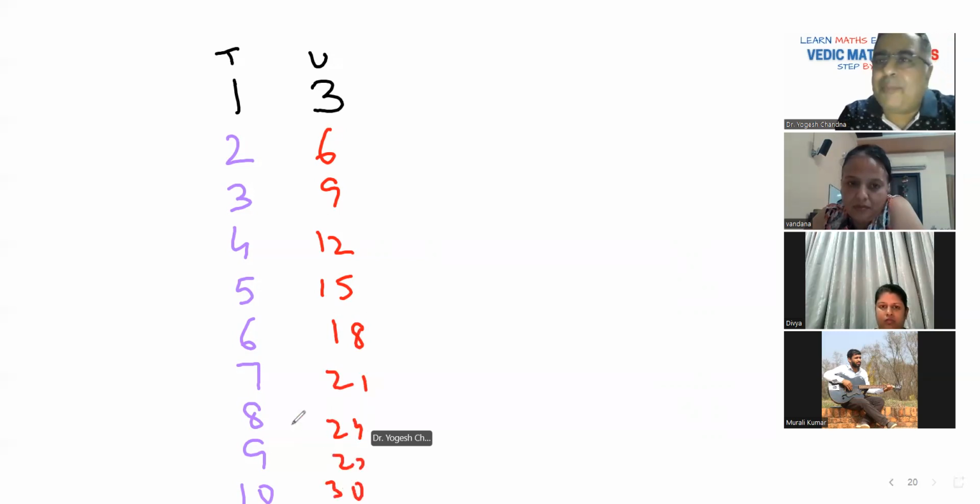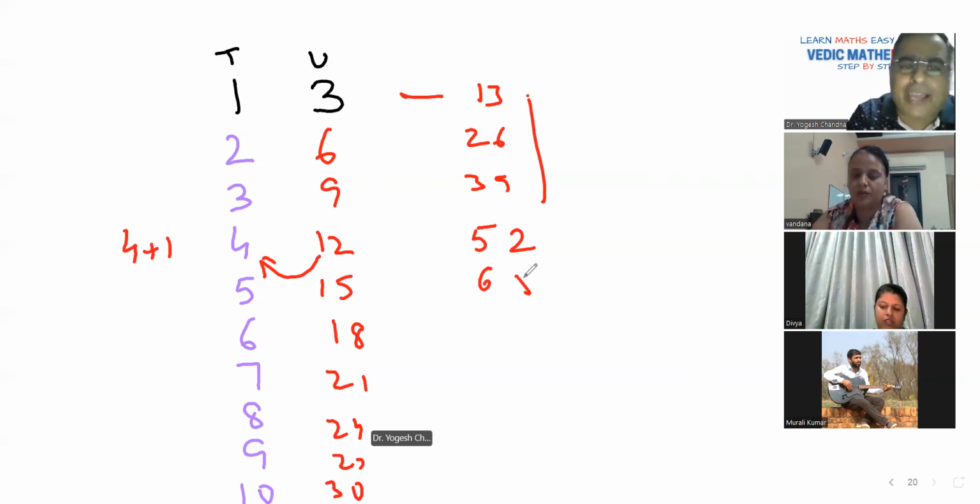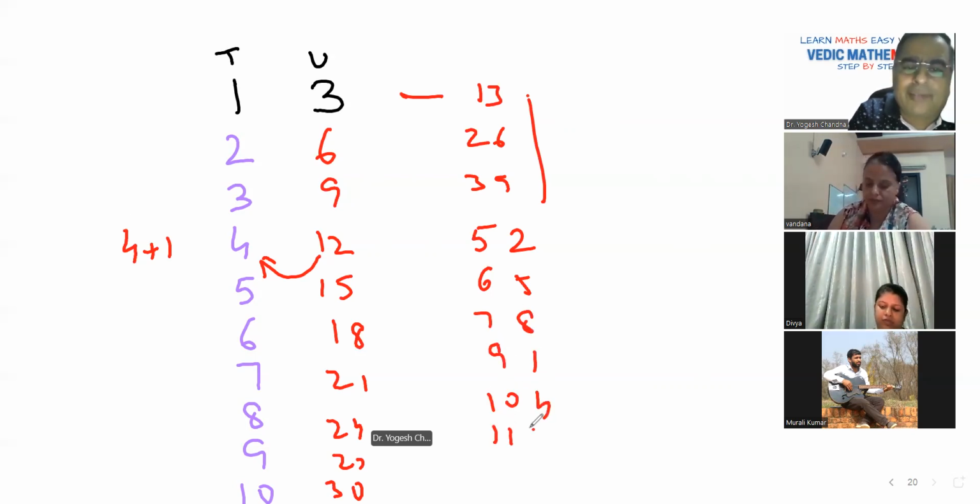Now, remembering the same concept, 1 digit at 1 place value: 13 as it is, because 1 at unit, 3 at tens, 26 as it is, 39 as it is. No addition, nothing at all we did. Just we got the answer. Here, 2 as it is, but now this number is extra. We move it here: 52. So I just added 4 plus 1, 78, and so on.